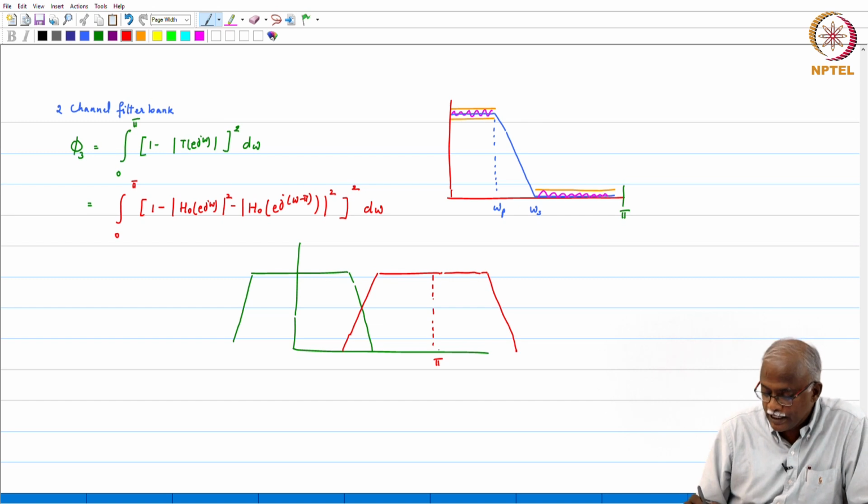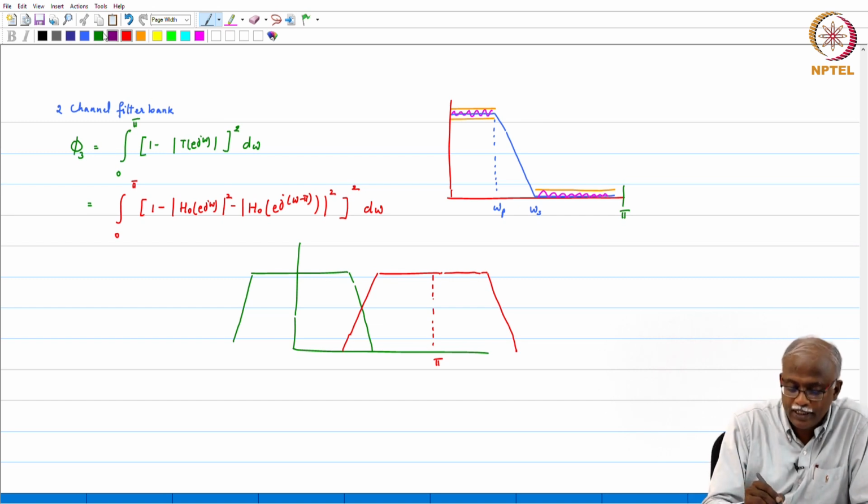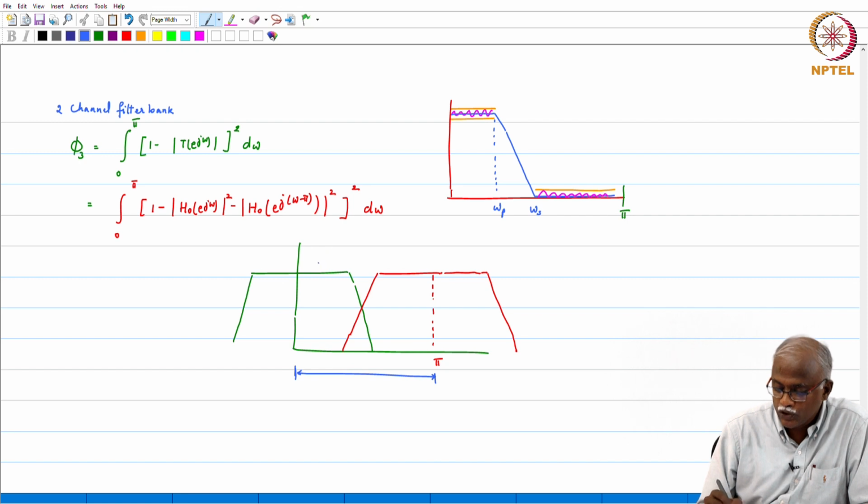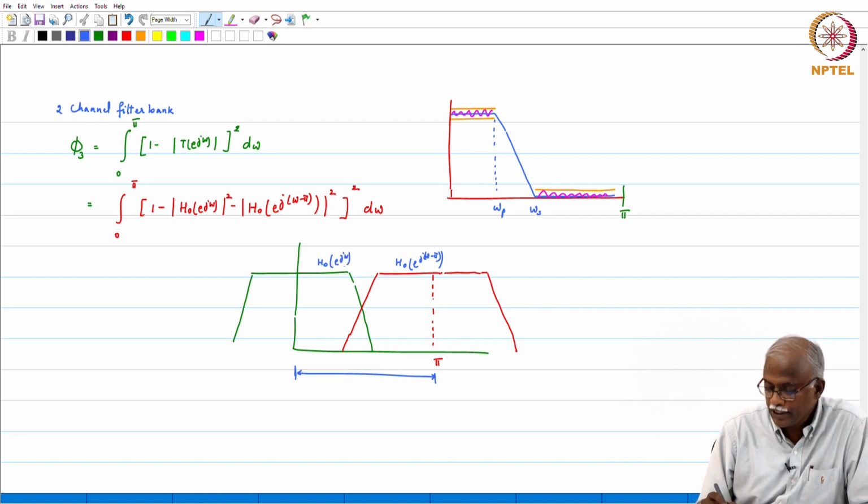Now between 0 and π, in this band of interest, we are measuring the deviation from a constant. So we are taking H naught e^{jω} minus π, the shifted version, and H naught e^{jω}. We want to take the magnitude squared and then add them together.